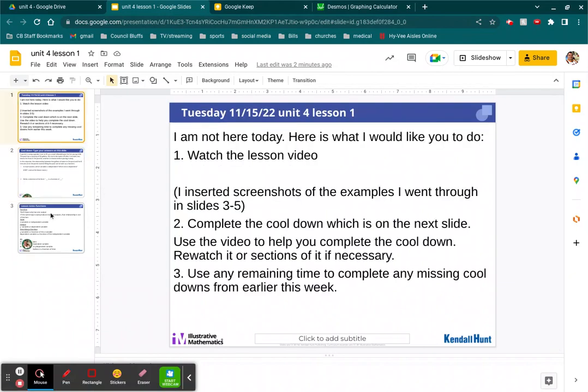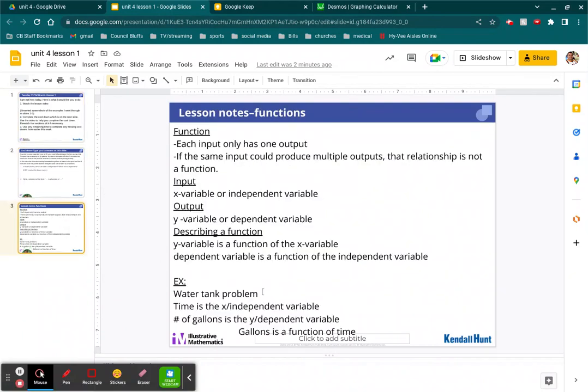So back at the lesson notes for a second. In the water tank problem, you can think of the water tank as the pool. Time was the independent or the x variable, and number of gallons was the dependent or the y variable.